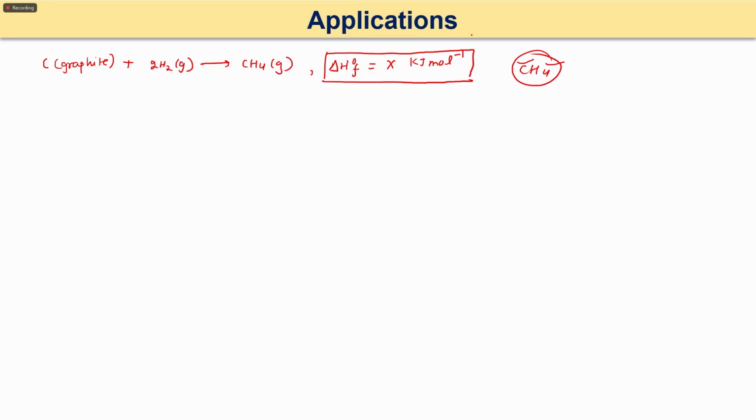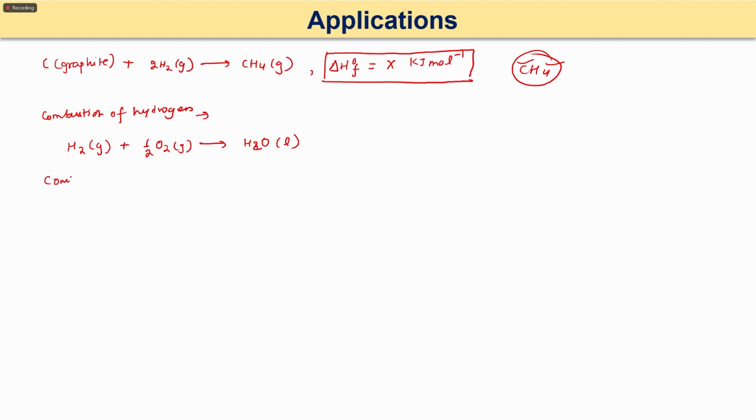For the combustion of hydrogen, the equation will be hydrogen gas burned in the presence of half mole of oxygen gas, and on combustion it will produce water.